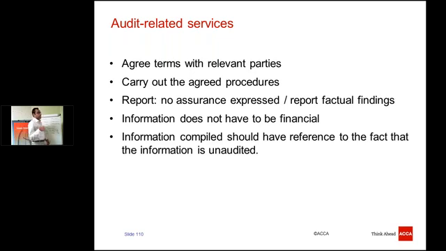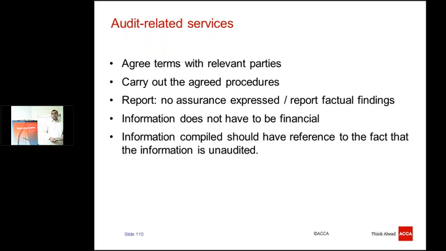So there are 4 types. One is the absolute assurance, which is practically not possible. So you do not give that assurance because at the human level, you cannot say that the financial statements are perfect. So you do not do that, and that's impossible, but that's one level. Second is reasonable assurance, which is that given in the audit, so that it is expressed in a positive form, and you say that, in our opinion, the financial statements give a true and fair view.